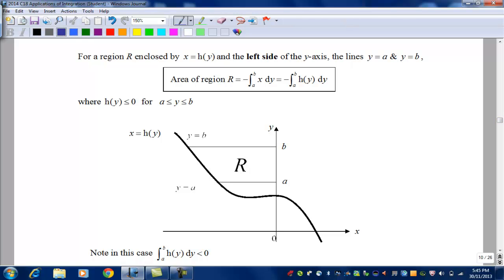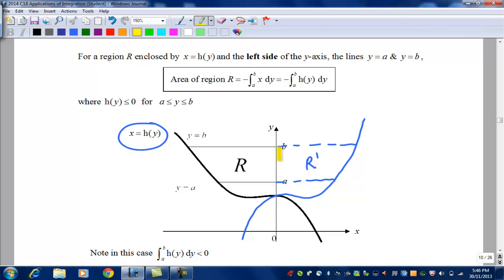To find this region R, I reflect this graph x equals h of y in the y-axis. So what I have now is something like this graph, and this region R is reflected to be here. Let's call it R prime. This region R prime has the same area as that of the region R, and this blue graph has the equation x equals negative of h of y.